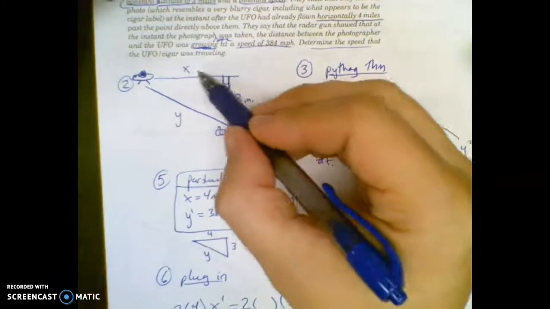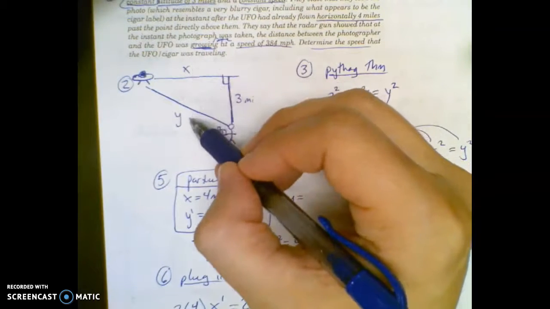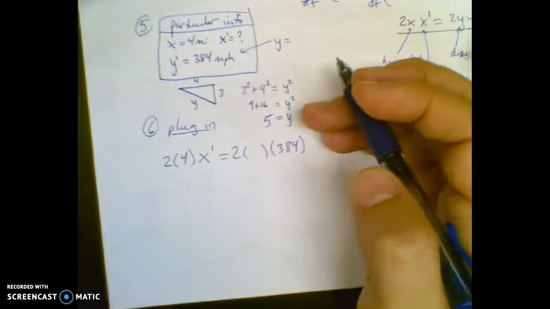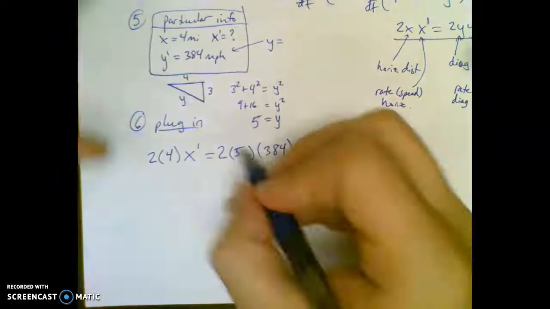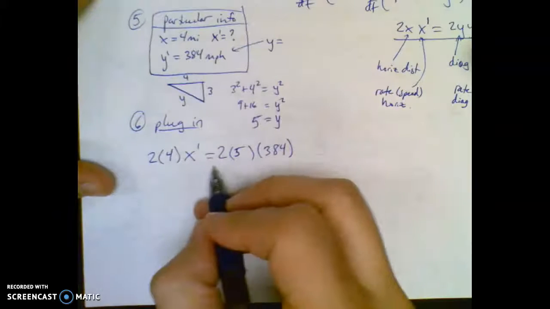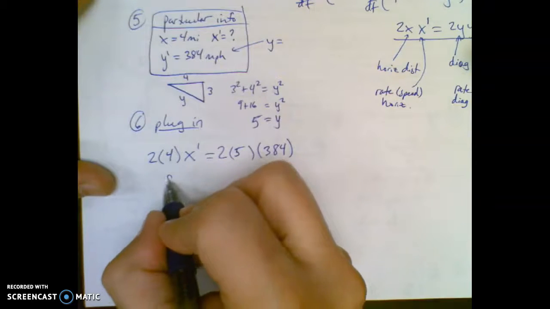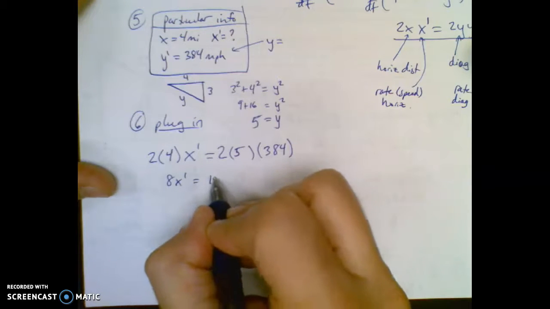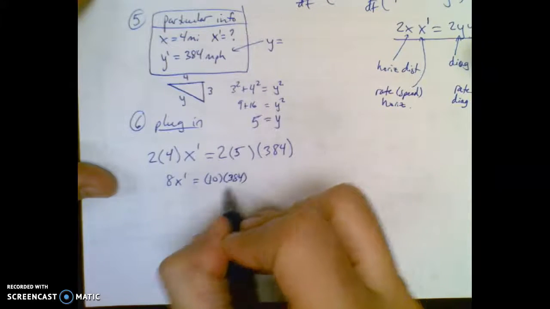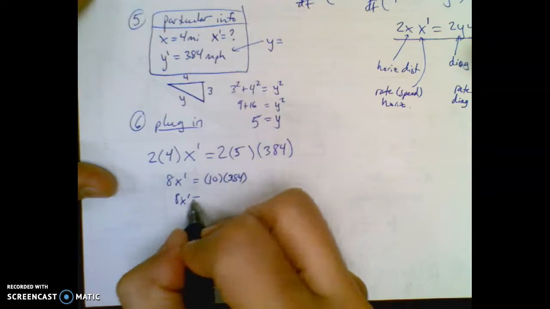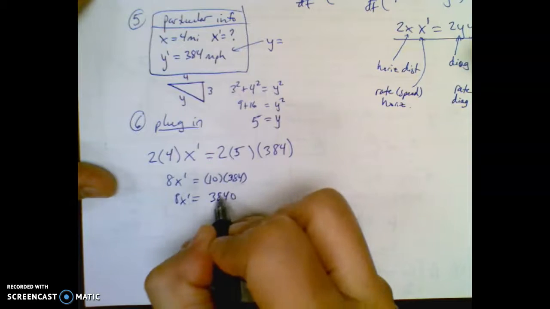So at the time, this is 3. At a particular time when that is 4, this is particularly 5. It's not always 5, just at that time. Boom. Now we have everything we need to solve this. So we're going to plug in and solve. So that'll be 8x prime equals 10 times 384. Okay, 8x prime equals 3840.